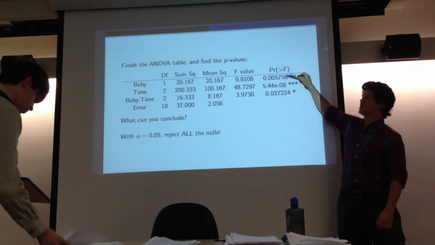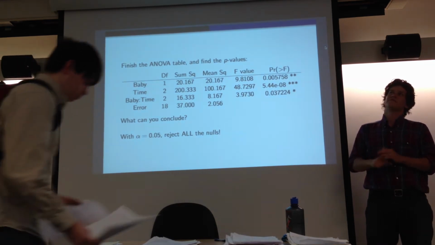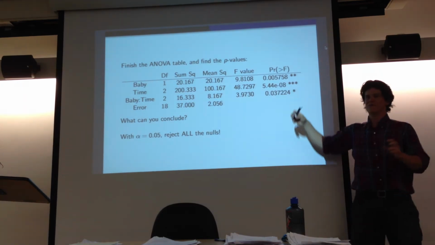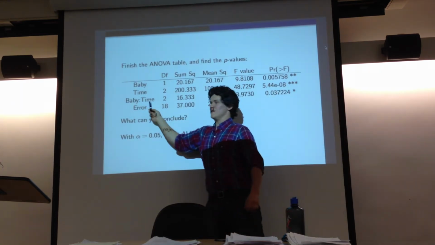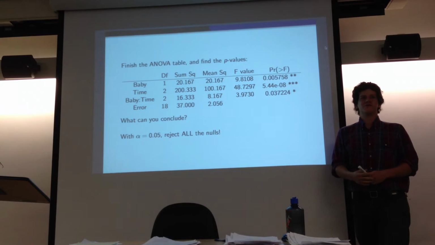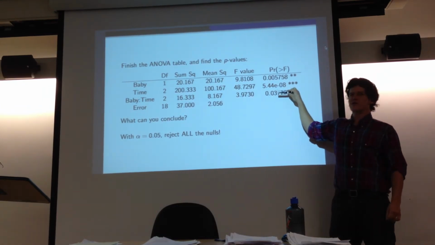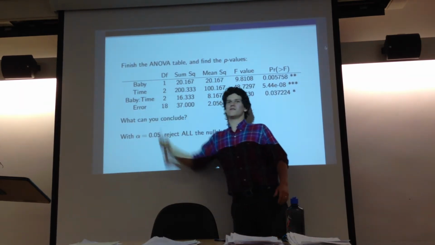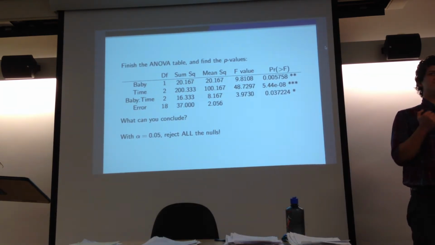Even if these p-values were greater than 0.05, what's going on there is all the significance is showing up in this interaction term, which means that each of these terms have to be significant as well because they make up that interaction term. Mathematically, all the significance would show up in this interaction term and not in these individual terms. But because this term is composed of each of these, then those two terms have to be significant, or I should say factors have to be significant.